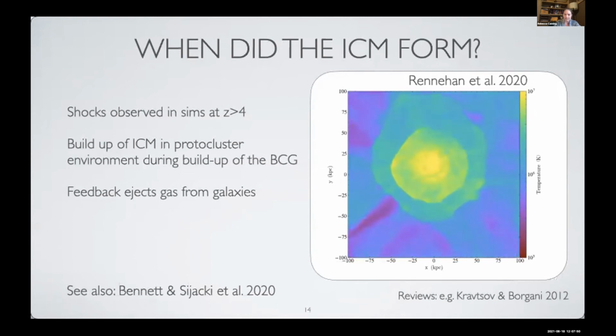We've seen this simulation mentioned earlier in the week, on Monday, in the talks about SPT2349 at a redshift of 4. These simulations and others suggest that in this first collapse, this intense period of star formation results in supernovae feedback, which already begins to enrich and build the ICM.